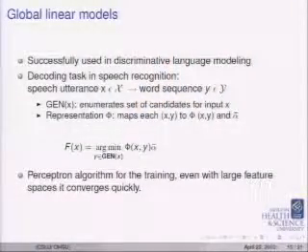Global linear models have been successfully used in discriminative language modeling. The decoding task in speech recognition maps the input utterances x to a word sequence y. GEN of x is the function that enumerates the candidates for an input x. The representation phi maps each pair xy to a feature vector and a weight vector.